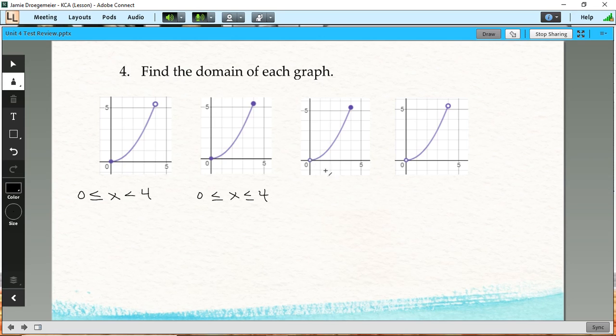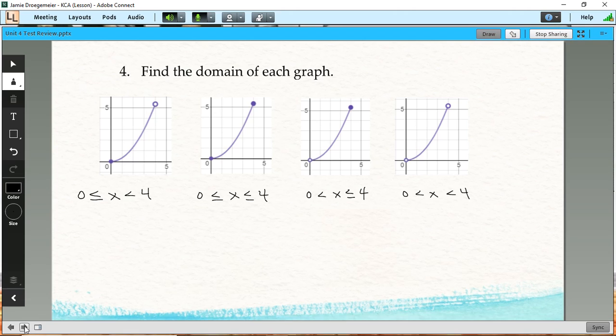In our third graph, open circle at 0, so it can't equal 0. Closed circle at 4, it can equal 4. So x is greater than 0, and it's less than or equal to 4. And then our last one here, we have open circles at both 0 and 4. And so that means x is greater than 0, but less than 4.